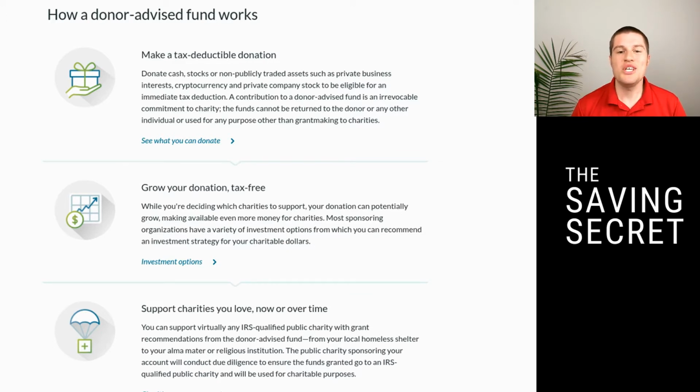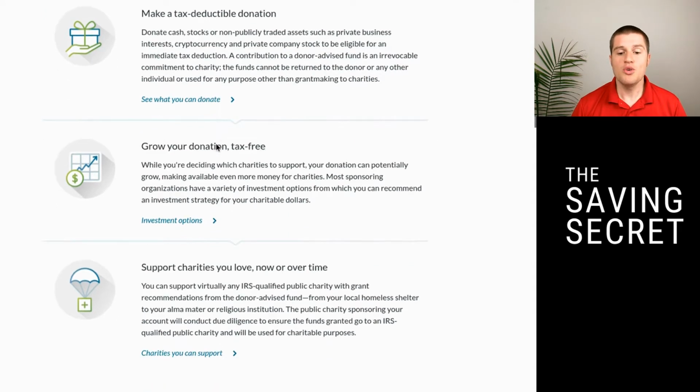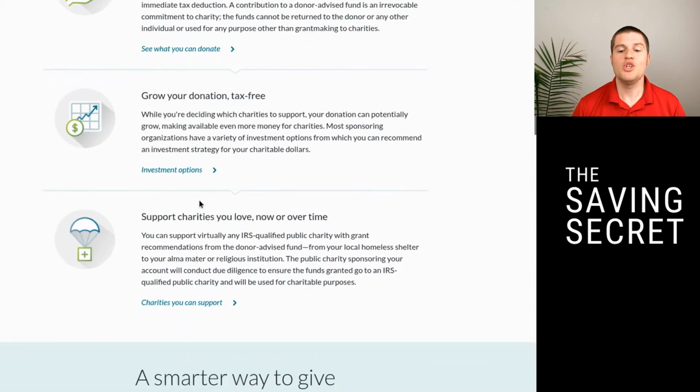Once your money is in your donor advised account, you can actually invest it. Once you get your money into your charitable DAF account, it can grow tax-free. So you can continue to have your money grow. And then when you're ready, you can support the charities you love and continue to support them in the future.